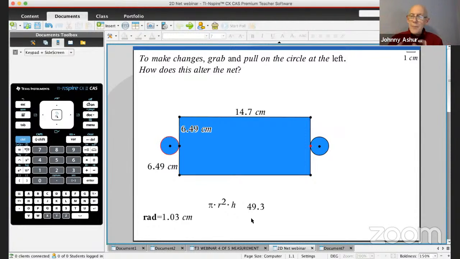Now, if we had an application where we might say to the students, we have an object that fits into 100 cubic centimeters, and we want you to use the smallest amount of product to create that cylinder. So we've got to think about surface area and volume, and then we'd be able to manipulate and explore.